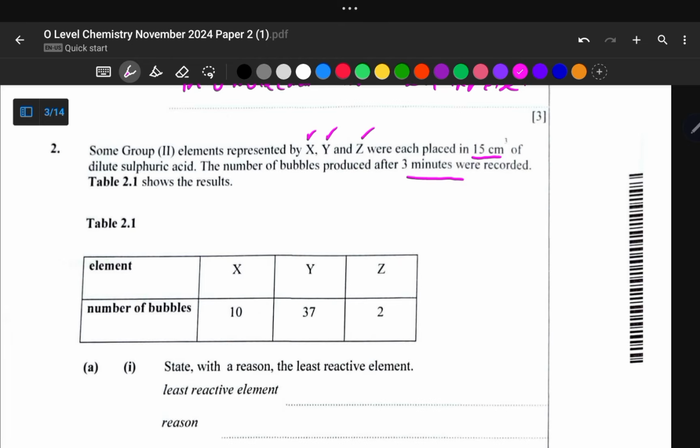The number of bubbles produced after 3 minutes were recorded. And then we have this table showing the results. So we have element X, element Y, and element Z, and then the number of bubbles: here we've got 10, here 37, and here 2.